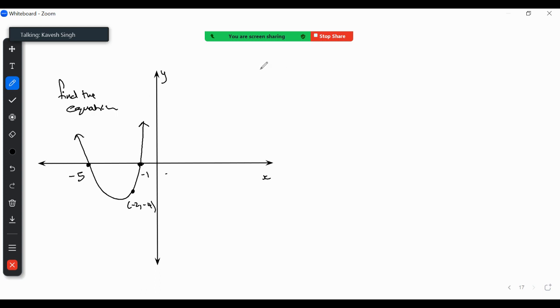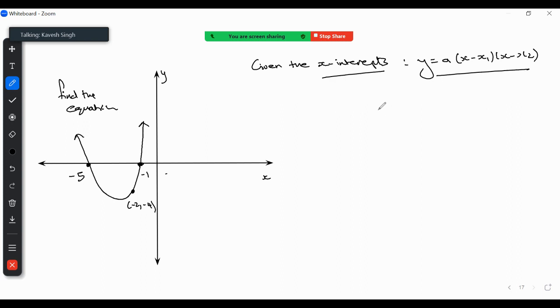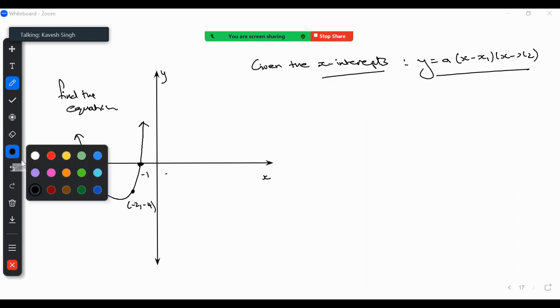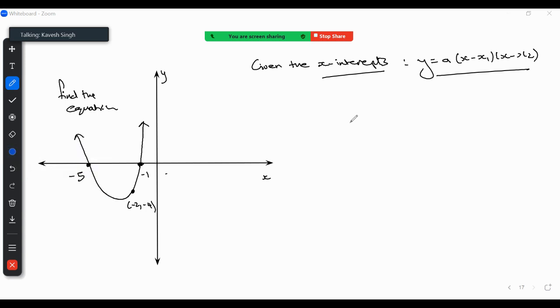Here you can see I'm given the x-intercepts. So I'm going to use the form y equals a, x minus x1, x minus x2, and this form is for x-intercepts, where I'm going to try and find the equation from.